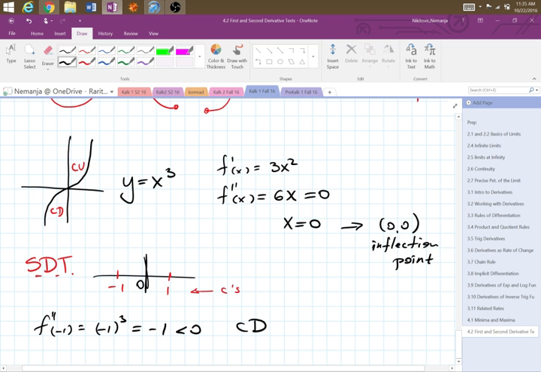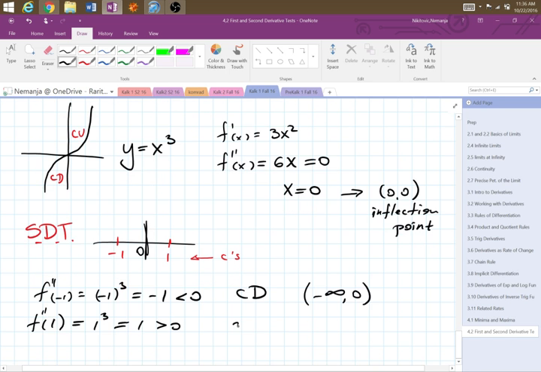Computed at 1 is 1 cubed, which is 1, which is larger than 0, which is concave up, on 0 to infinity. See, that's the point. The inflection point, in this case at (0, 0), is where the concavity switched from being concave down to being concave up.